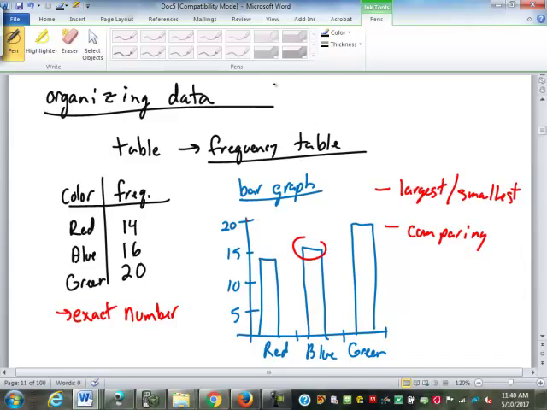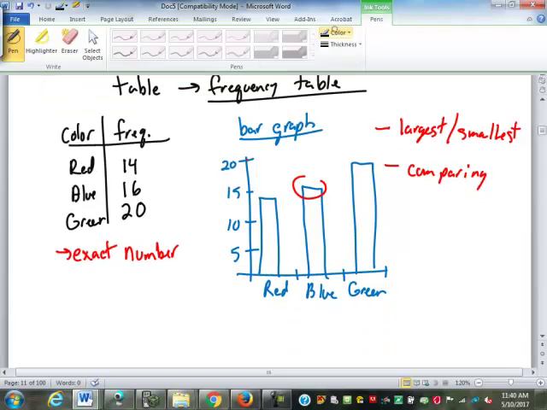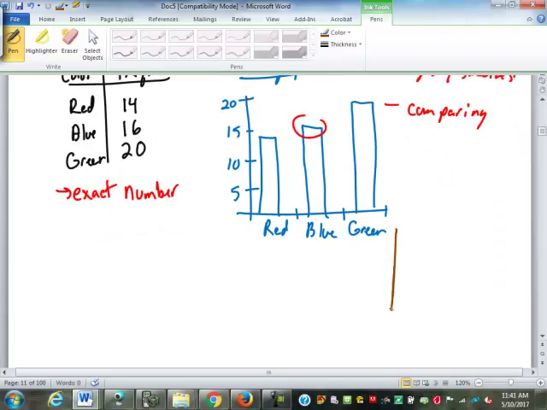Other graphical displays we might have for this. On the bar graph, we could have a horizontal bar graph where we put our red, blue, and green on the side like this, and our scale would go across the bottom. So we'd have 5, 10, 15, 20. And our bars would go that way.